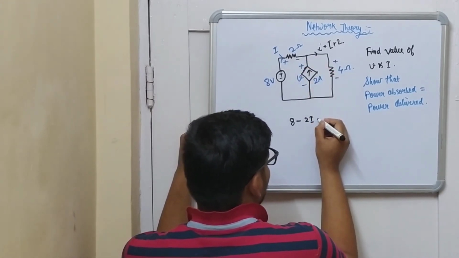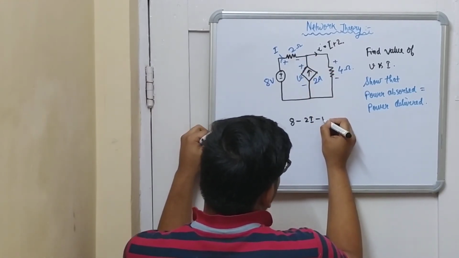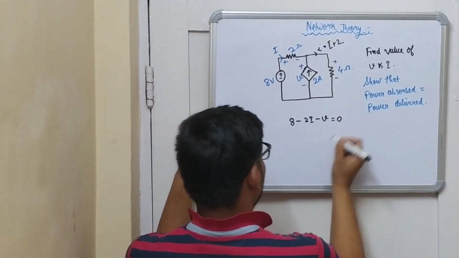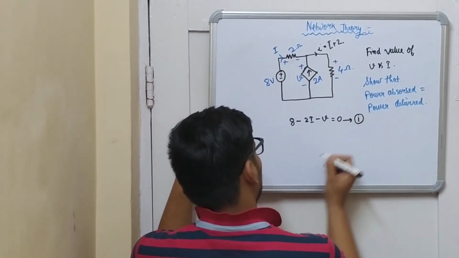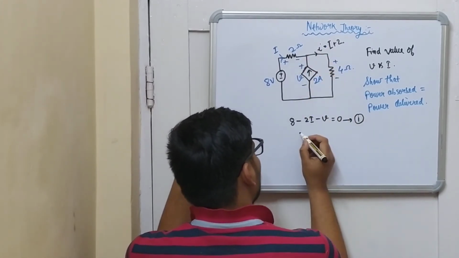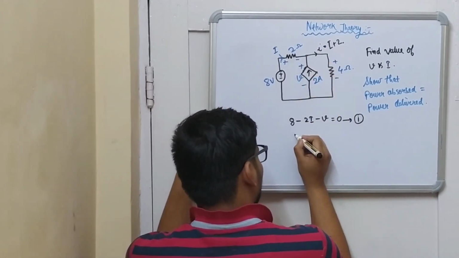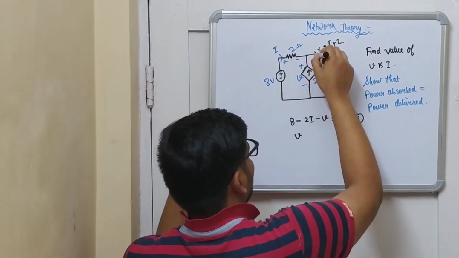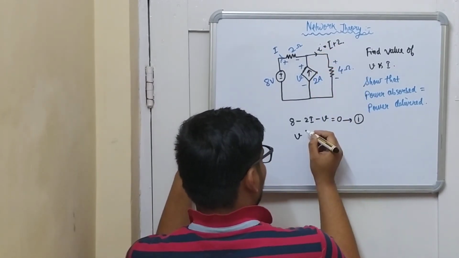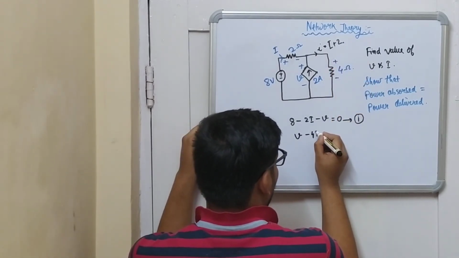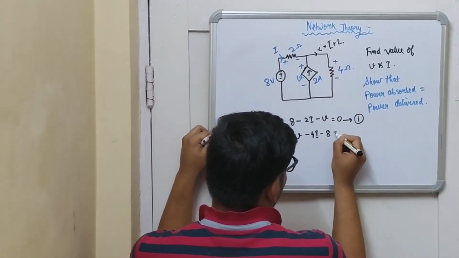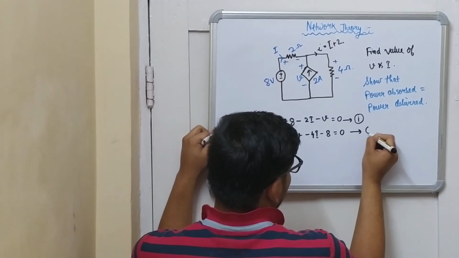Plus to minus again, minus V equal to 0. This is equation number 1. In this loop now: minus to plus is positive, then plus to minus is negative, so minus 4 into (I plus 2), which is minus 4I, minus 8 volt equal to 0. This is the second equation.